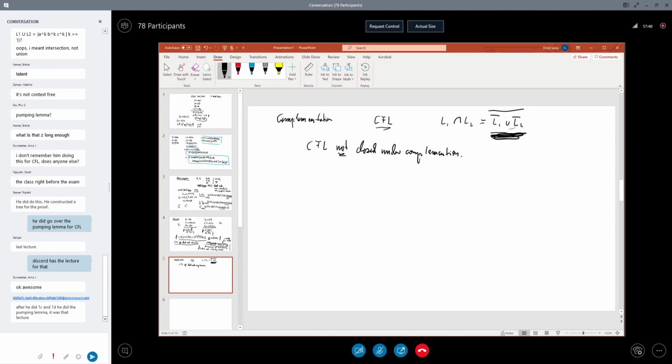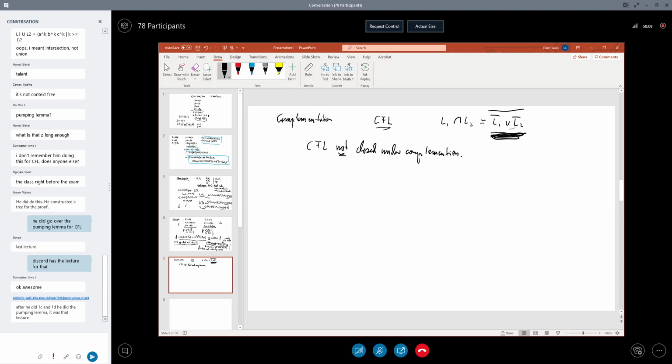This is, of course, flipping in the DFA the final and rejecting states. That does not work for context-free languages. The complement of a context-free language is not necessarily a context-free language. Okay?